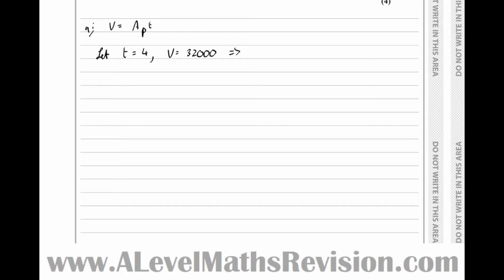So that means that the value 32,000 is equal to A P to the power of 4. So now letting T equal 11 and V equaling 50,000, this implies that 50,000 equals A P to the power of 11.